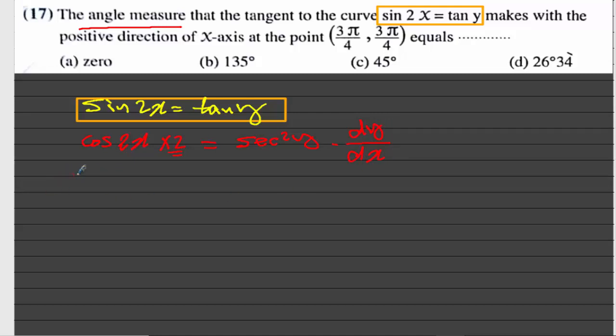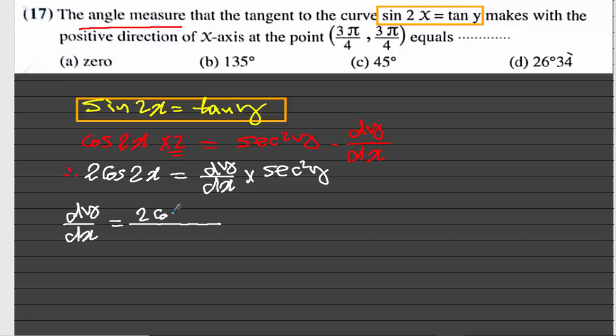So we can write 2 cosine 2x equals dy/dx multiply sec square y. So dy/dx equals 2 cosine 2x over sec square y.